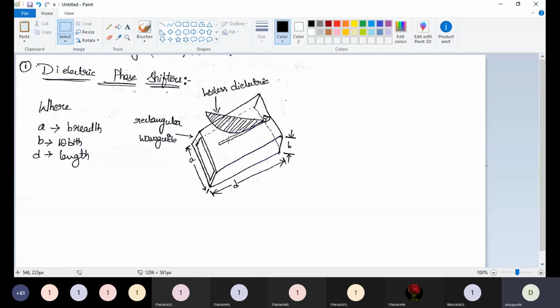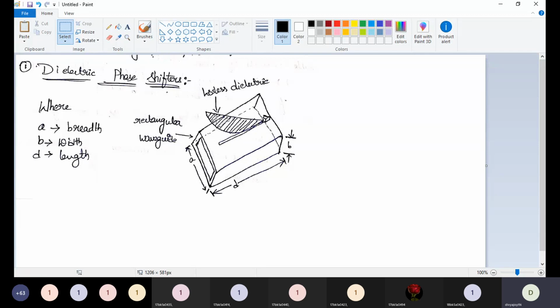When you introduce your dielectric at a maximum electric field, you are going to get an amount of phase shift, and that phase shift can be increased. That means the phase shift can be varied if you keep on inserting this dielectric material into the waveguide.